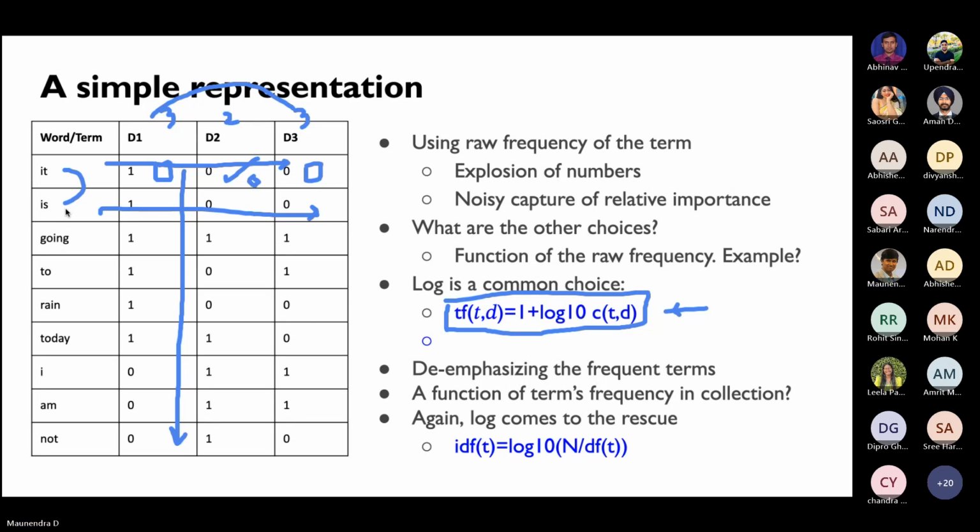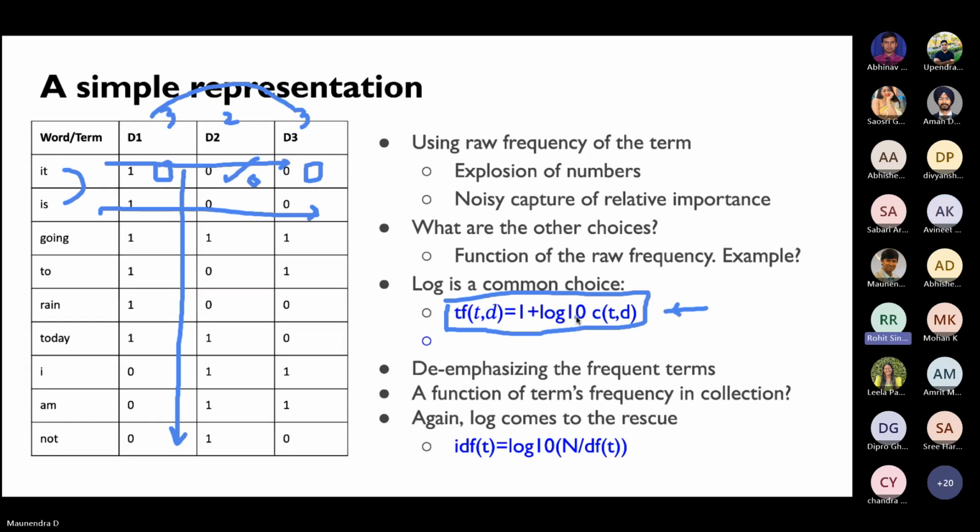Yeah, that's correct. So later on, maybe in the next part today, we'll talk about some of these term representations also, where that point will come in. Okay, understood, sir. Thank you.